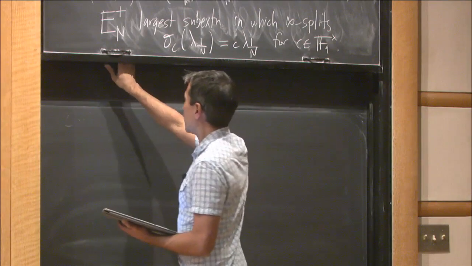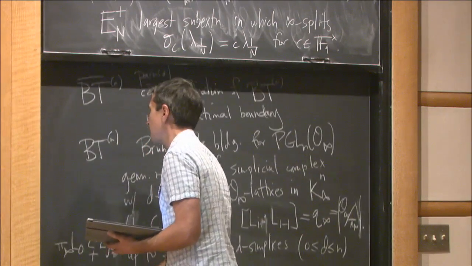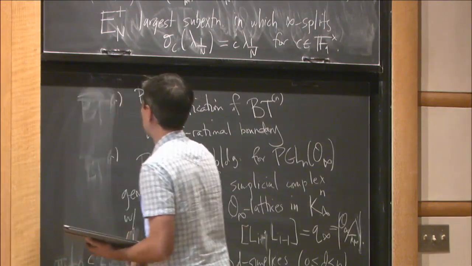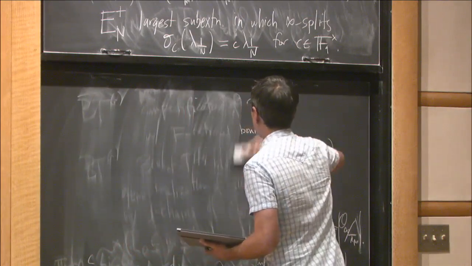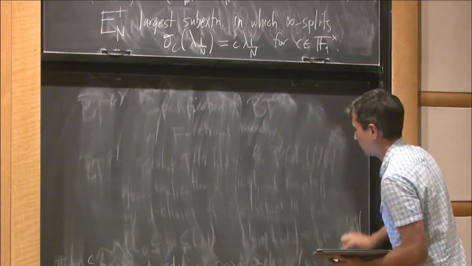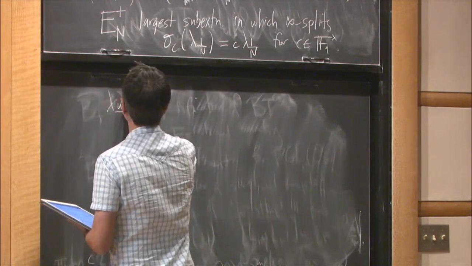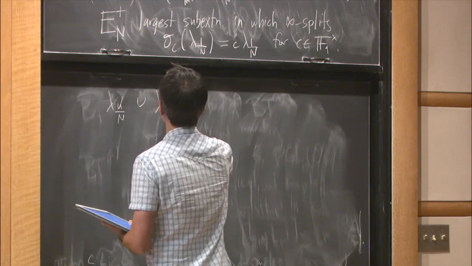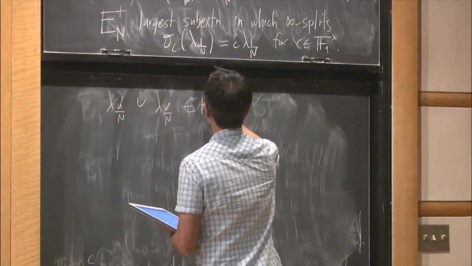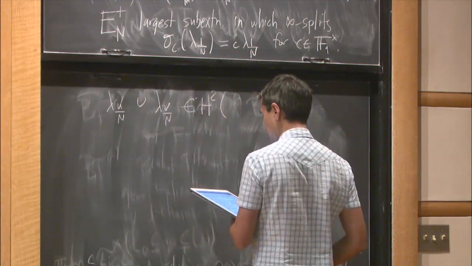OK, so of course, now we can consider cup products of these things, or Steinberg symbols. So we could look at lambda_{u/n} cup lambda_{v/n} in H^2.